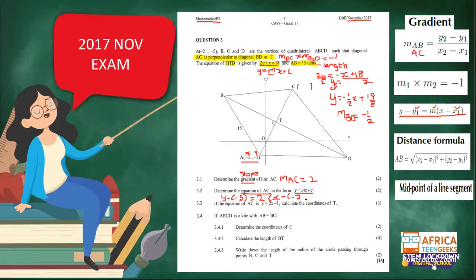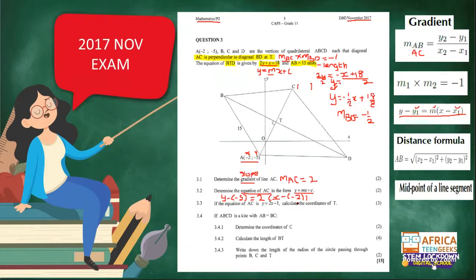Okay, so always use brackets so that you can have the right values, because you still have to multiply your negative with your negative, which will give you a positive. And also in this case, you have to multiply your negative with your positive. Negative times negative will give you a positive.